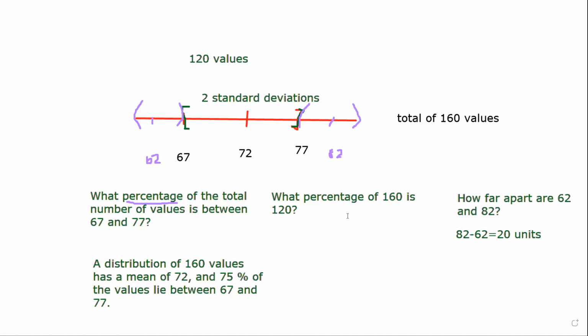Now, 20 units, and between 67 and 77, that's 10 units, right? Would you agree? So basically what we're given here is, we know that 10. So let's go back to the slides for a second and I'll show you something.